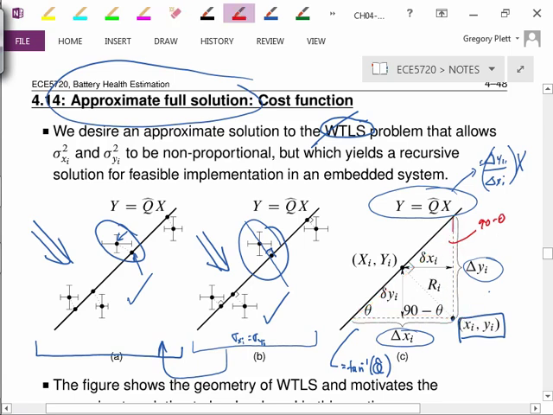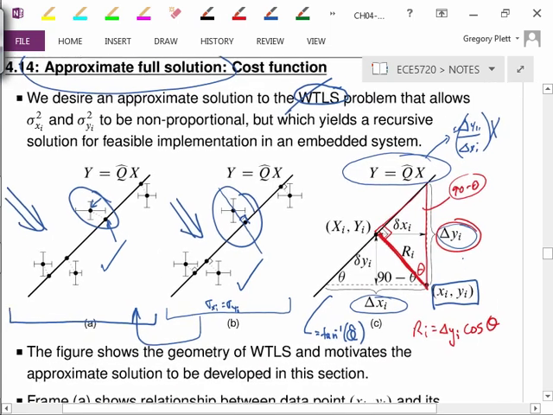And if I look at this triangle here, I've got 90 and I've got 90 minus theta, so that angle must be theta. So let's keep it on that triangle for a minute. I'm trying to find this base length here. So that's going to be the hypotenuse times the cosine of theta, and the hypotenuse is delta y. So we have Ri equals delta yi cosine of theta. Okay, so far so good.